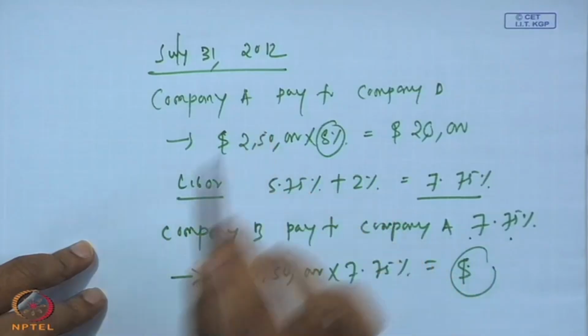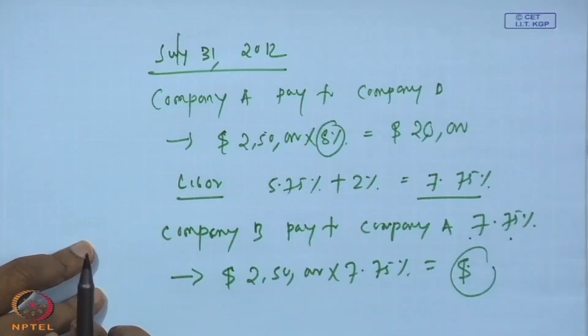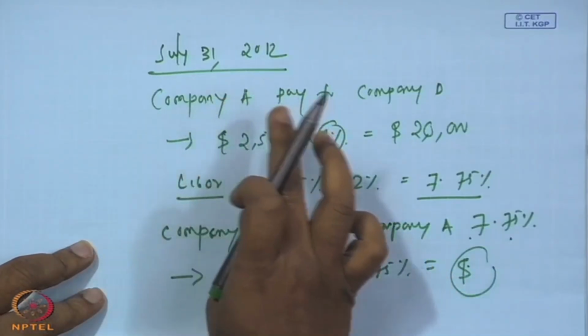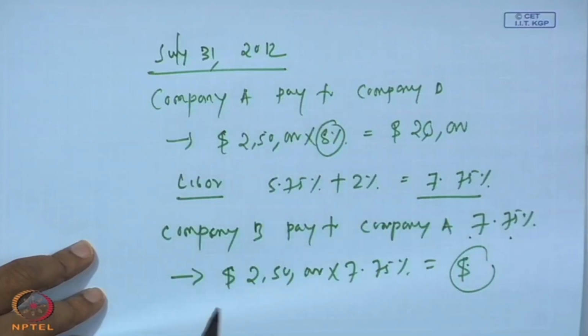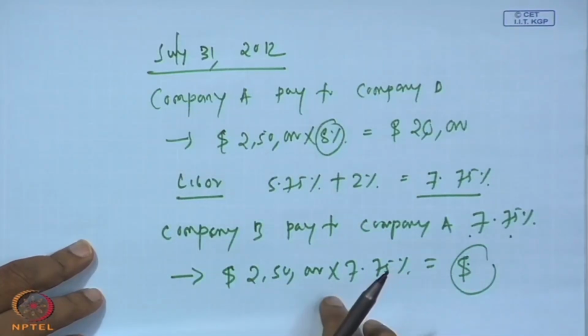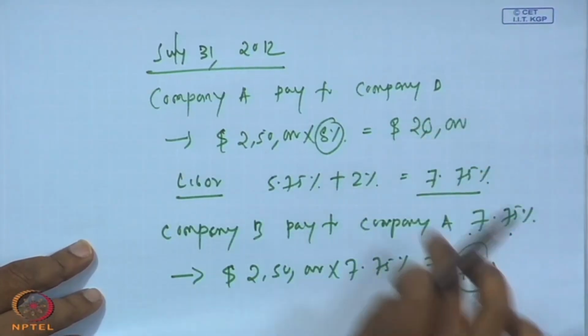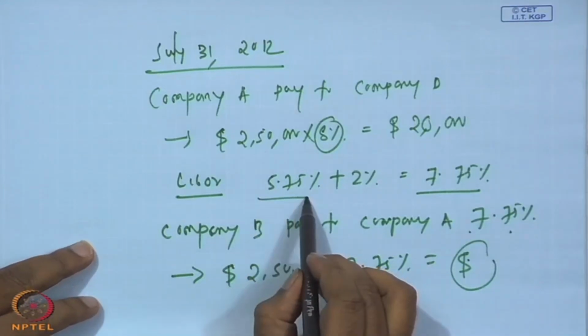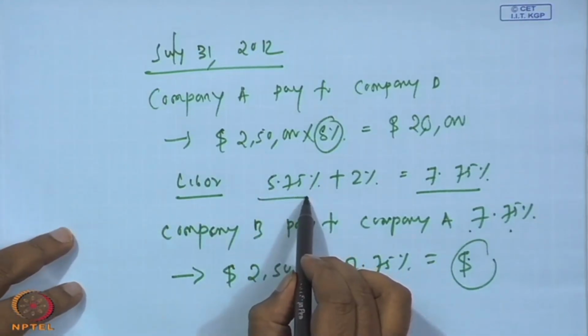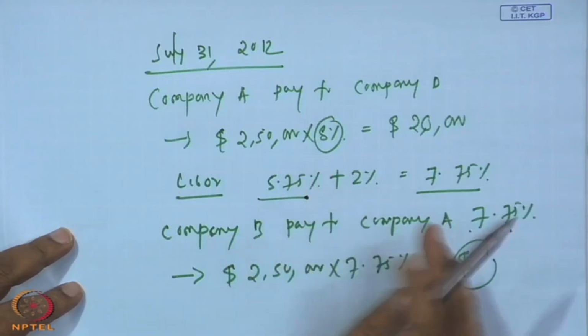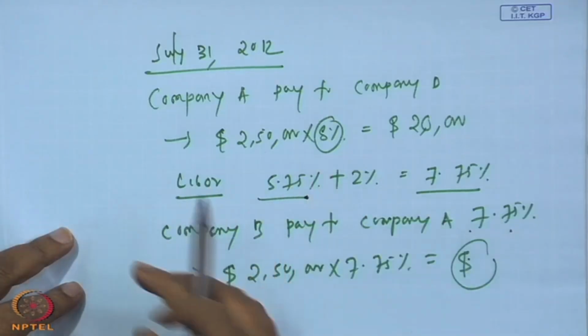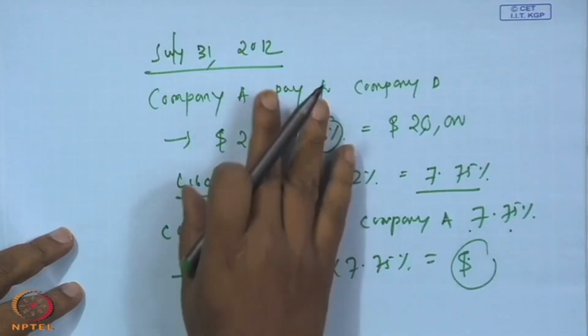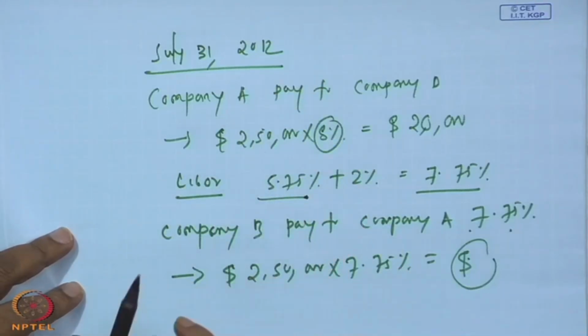Now, the net transaction will be that company A will pay to company B. If you calculate, this is definitely less than that, so company A will pay to company B. Since LIBOR is fluctuating, the net cash flow will fluctuate. Since we are exchanging a fixed interest rate against a floating interest rate, the interest rate swap is designed on that basis.